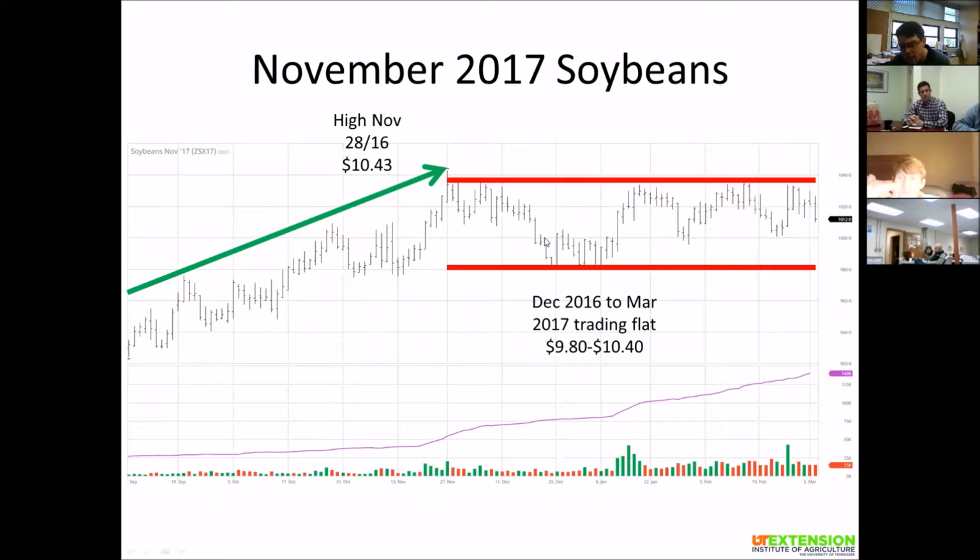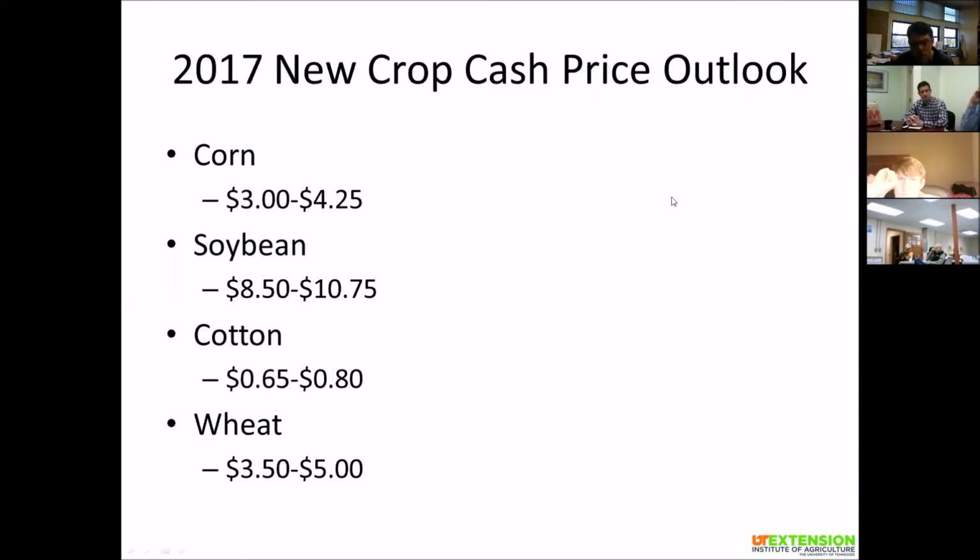There's strong demand at work that can be a positive for price, but there are some concerns about a trade disruption that could end up causing price to really come down. The other one is obviously that South American crop. Getting a handle on how big that one is going to be will be very important for soybean prices. So if we look at 2017 new crop cash prices, where we've got corn right now is $3 to $4.25, soybeans $8.50 to $10.75.